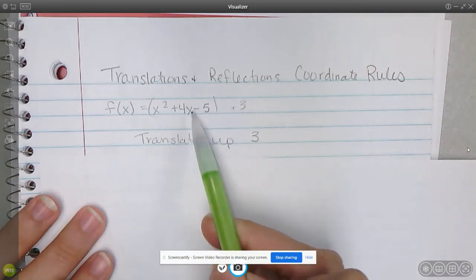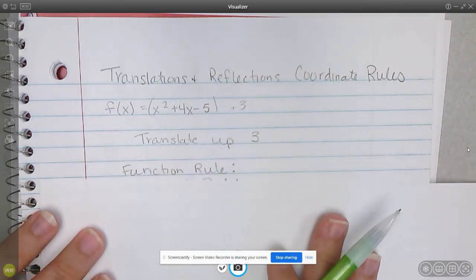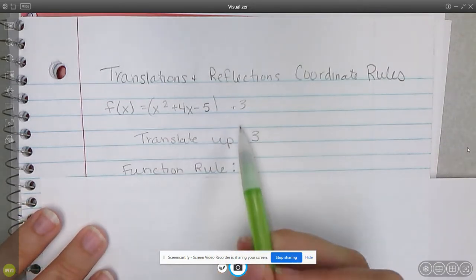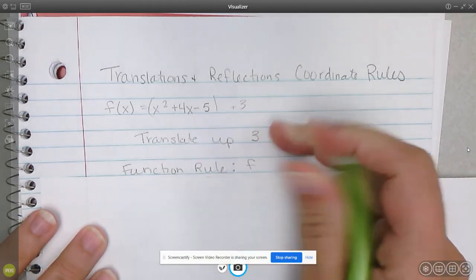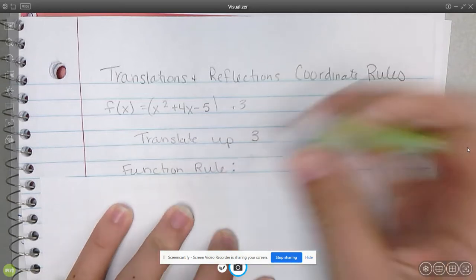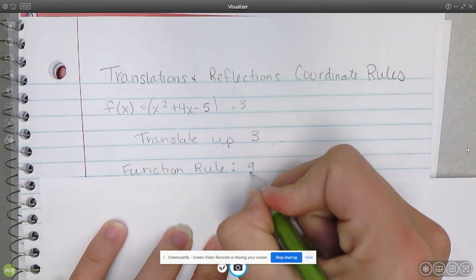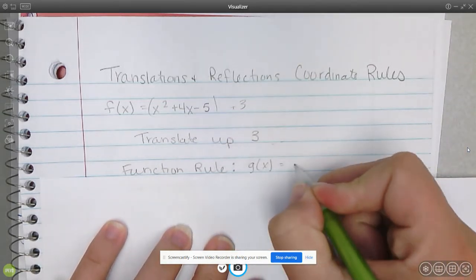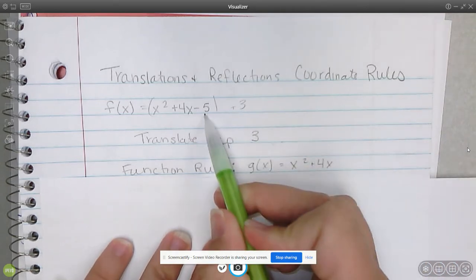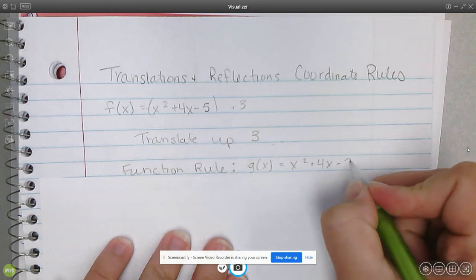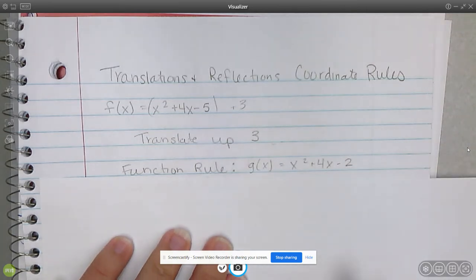So let's call this g of x. We'll have g of x equals x squared plus 4x, and then negative 5 plus 3 is negative 2. Okay, so that's your function rule.